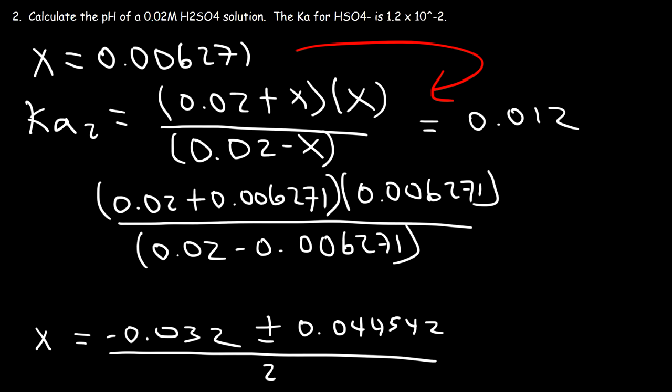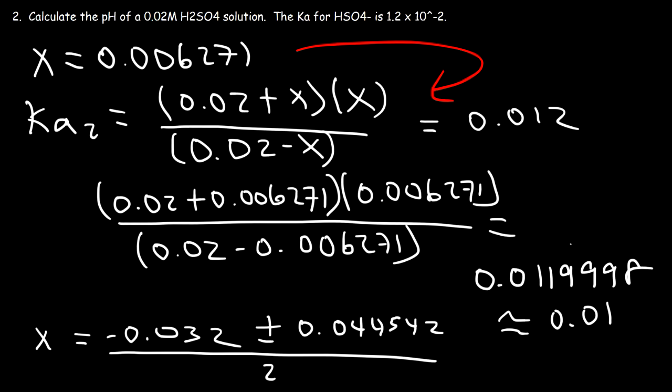It's always good to make sure your answer is correct. So I got 0.0119998, which rounds to 0.012, which means that we have the right x value.